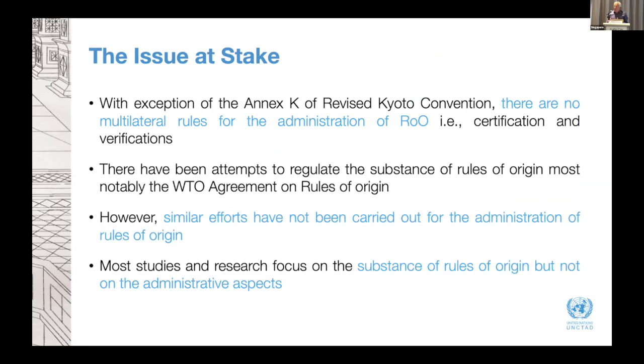The issue of rules of origin and of proof of origin is so difficult because there are no multilateral rules. In the WTO there is, for instance, the Customs Valuation Agreement, which provides multilateral rules on how to value goods at the time of importation. There is the Harmonized System, which tells customs how to classify goods.